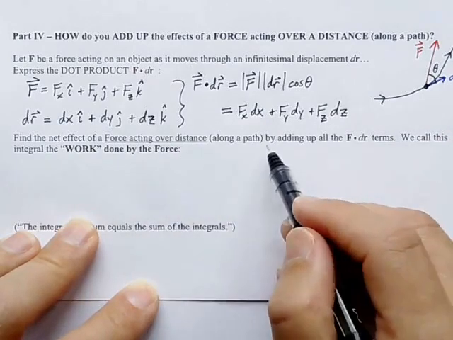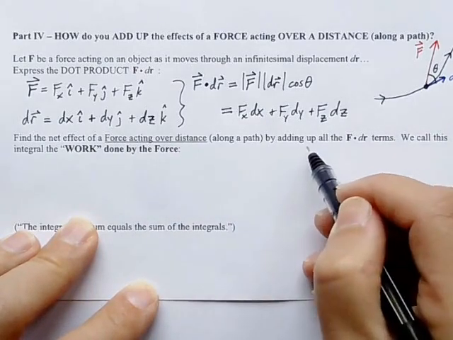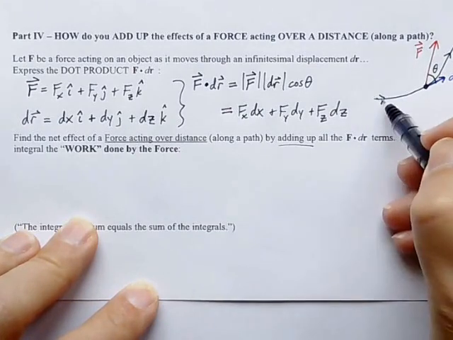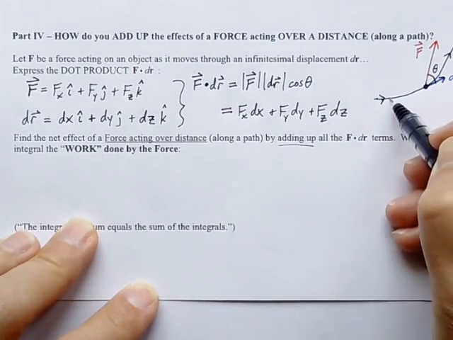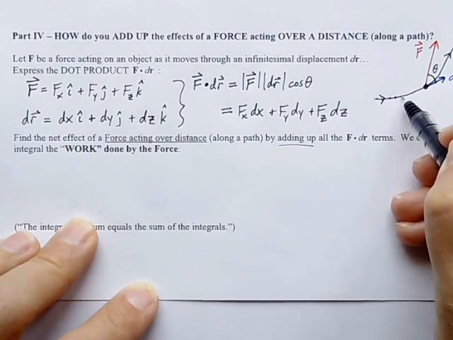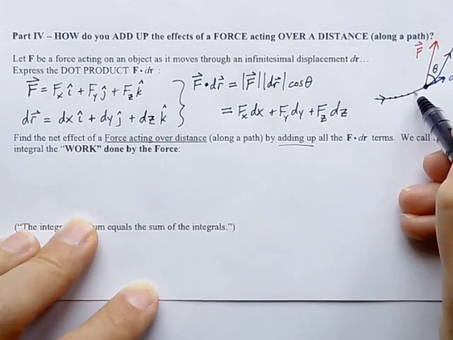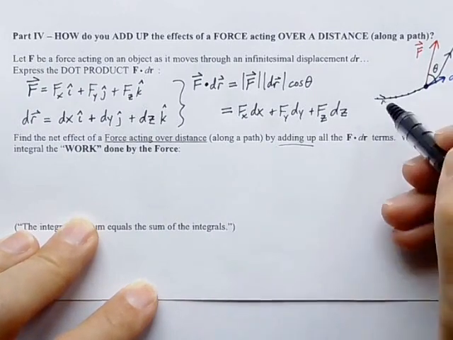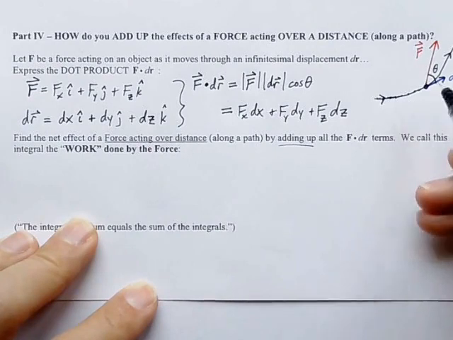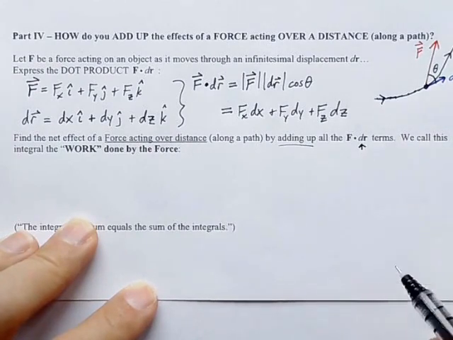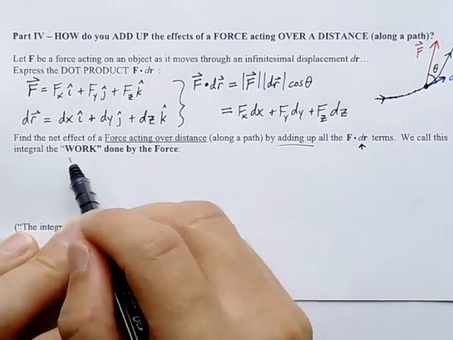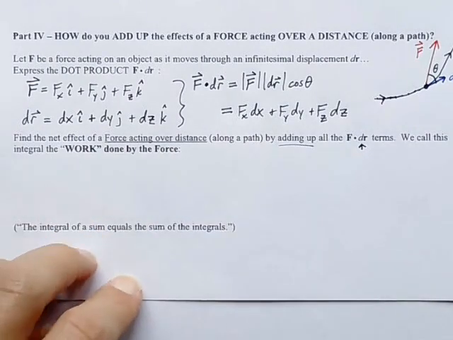We want to add up all of the F dot dr terms at every point along the path. F dot dr here plus F dot dr here plus F dot dr here plus F dot dr here plus F dot dr here at every point along the path, adding those up. And so if we're adding up what will require an infinite number of infinitely small terms, then we're integrating. So this integral we call the work done by the force.